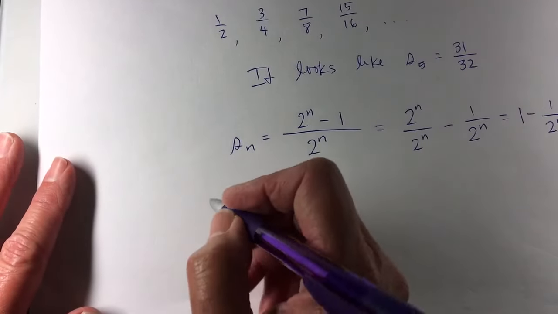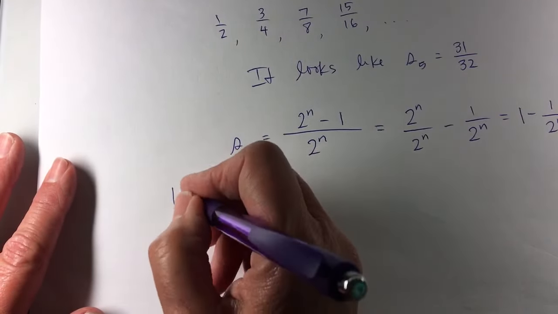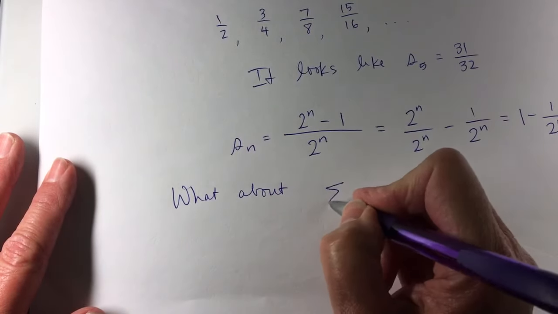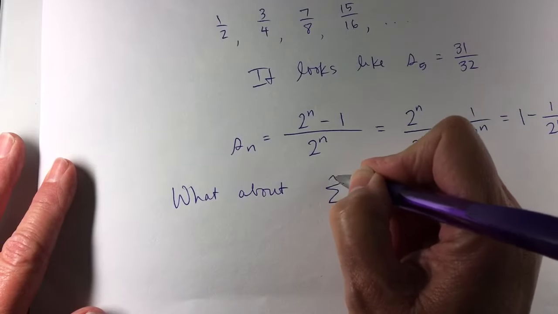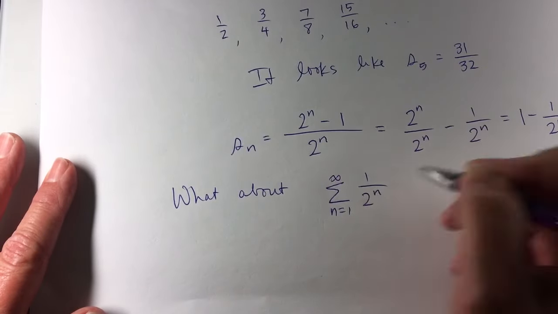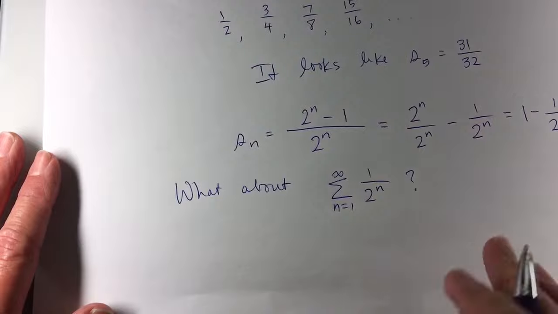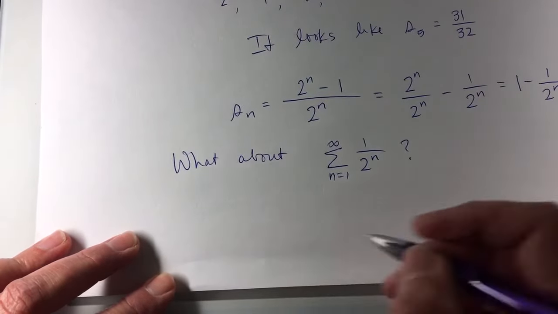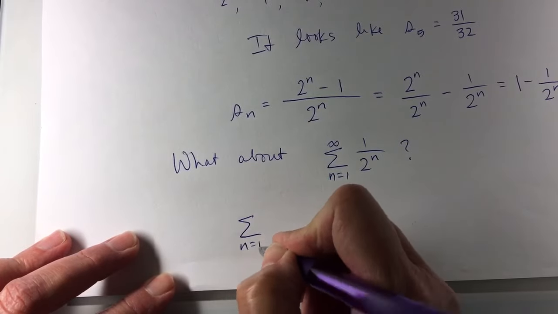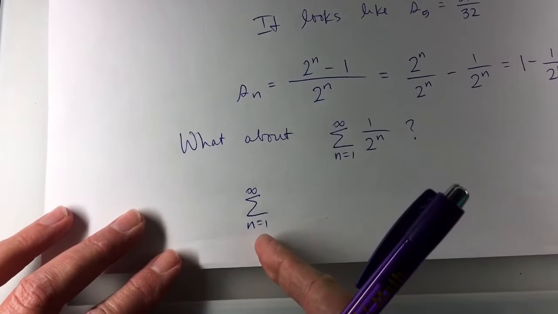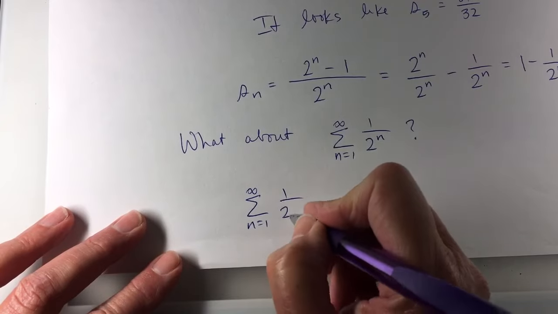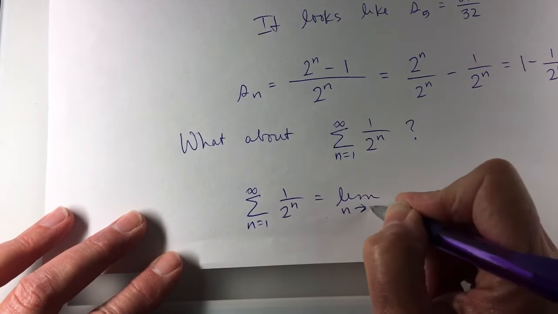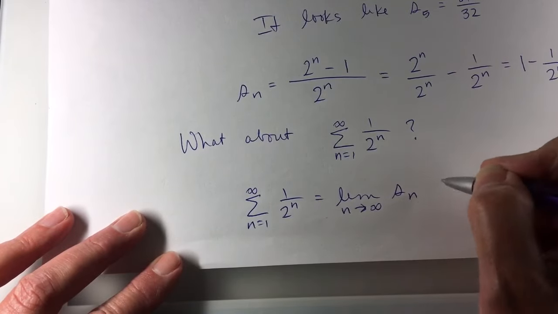Remember our series? What about the series as n goes from 1 to infinity of 1 over 2 to the n? Well, I'll write this again. The series as n goes from 1 to infinity of 1 over 2 to the n is going to be the limit as n approaches infinity of S sub n.